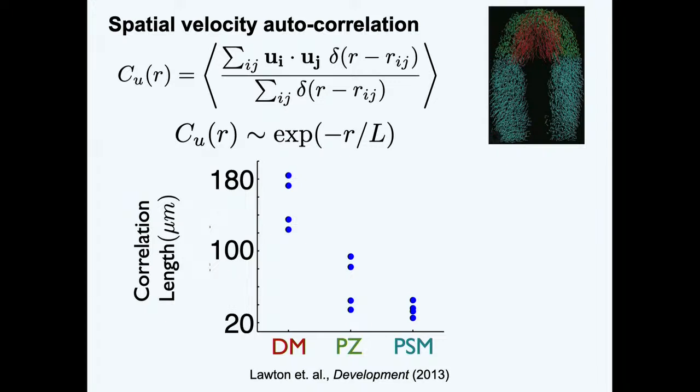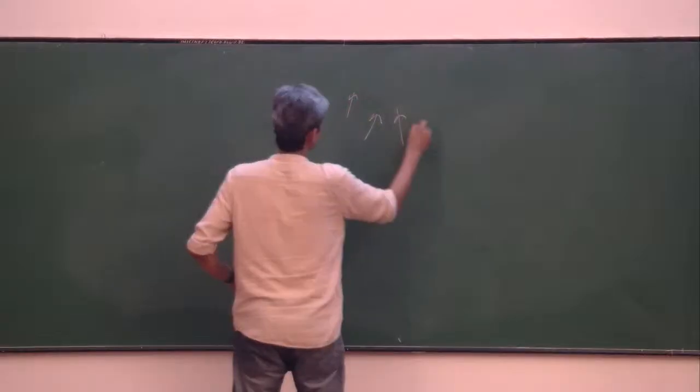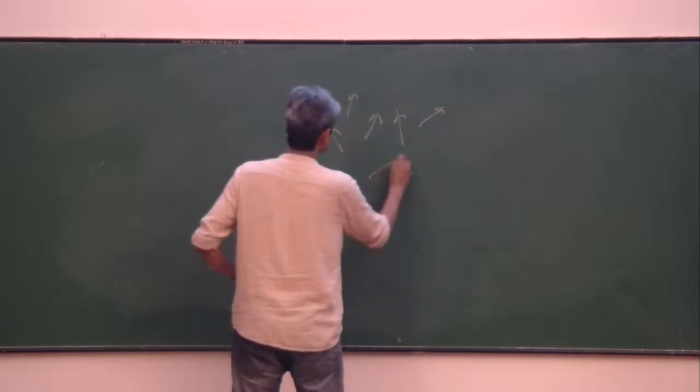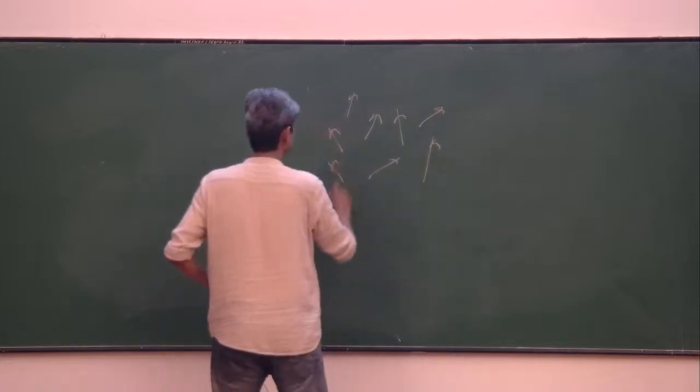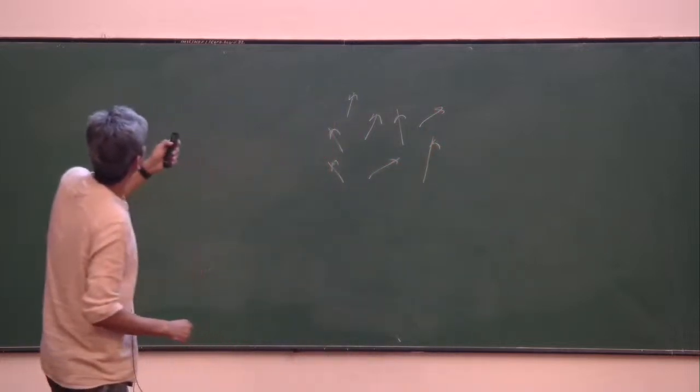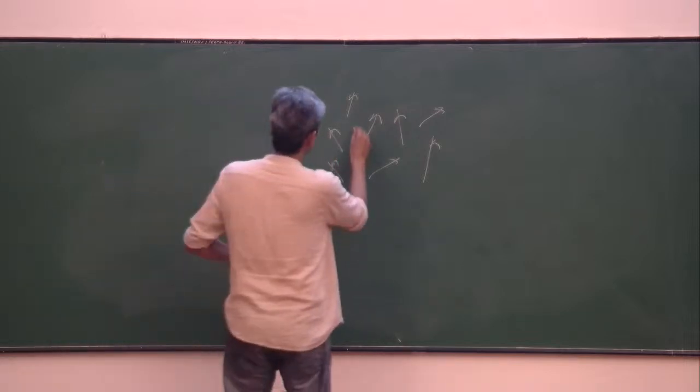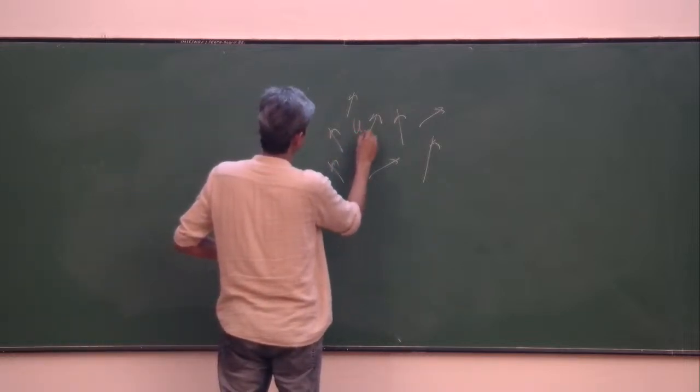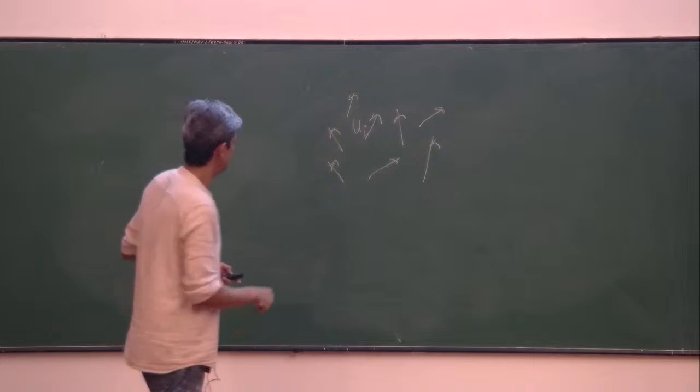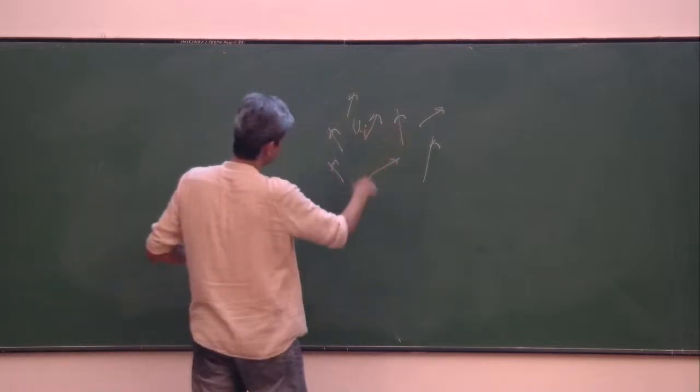So basically, if I compute this quantity and plot it as a function of, just ignore the plot which is shown below, just focus on this thing. You are looking at particles which are moving in various directions. Each particle has a speed u_i, where i is the index of the particle, so this is u1, this is u2 and so on.